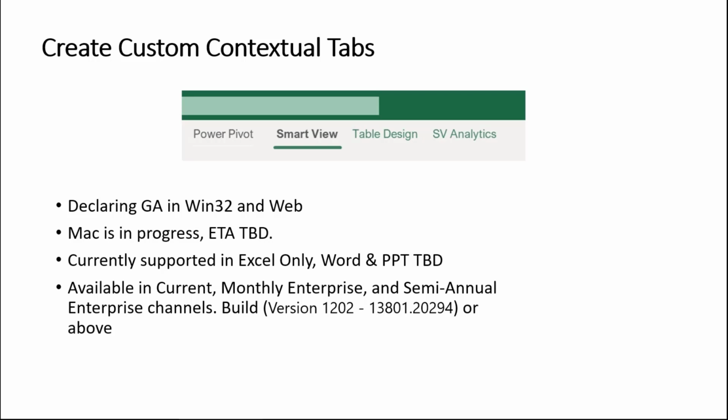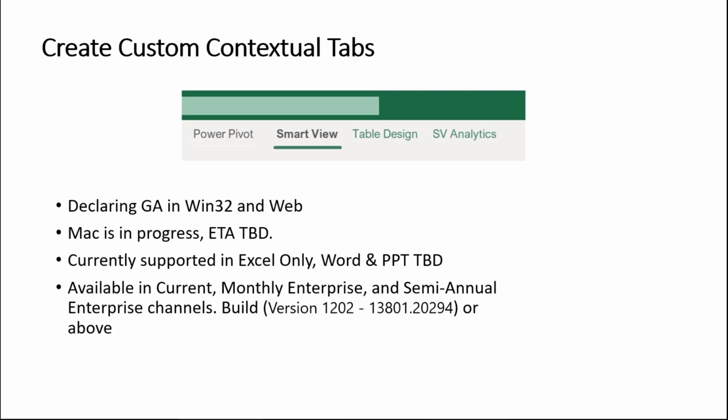The consistent feedback we heard from a lot of partners was that, hey, we have a lot of functionality and we want to show some of those buttons in the context of the task that the user is working on. But because of the platform limitation, we have to cram all those 20, 30 buttons onto a single tab. And it's just not the best user experience.